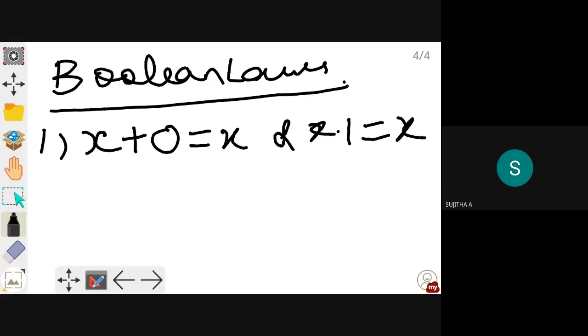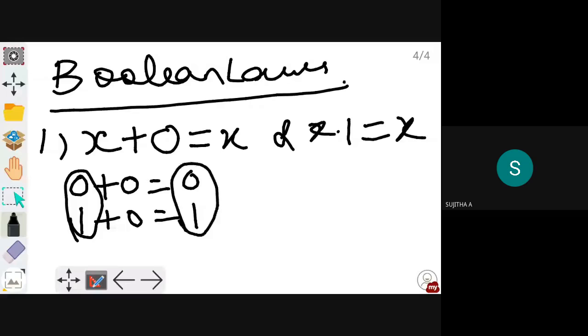So how will you remember this? You put x is equal to 0 here. If you put x is equal to 0, 0 plus 0 will give you 0. If you put x is equal to 1, 1 plus 0 will give you 1. So whatever value of x, you get that value. That is why you can reduce x plus 0 is equal to x.